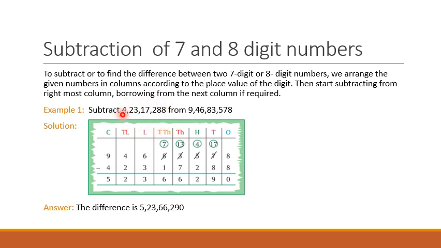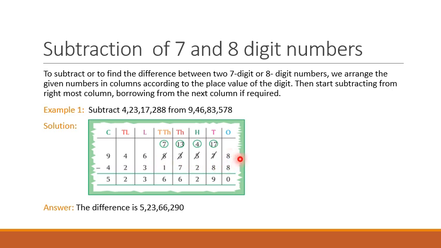So we write this number down, and the second number, the number which is written later, is written up. So always keep it in mind. When the question is given in this way, you have to write the second number on top and the first number is written down.